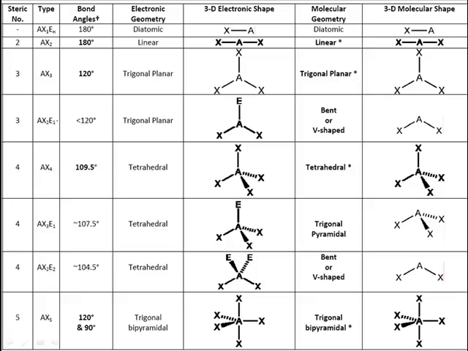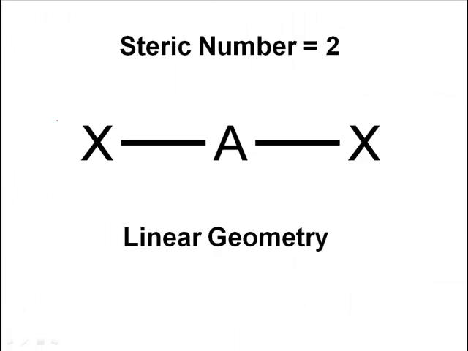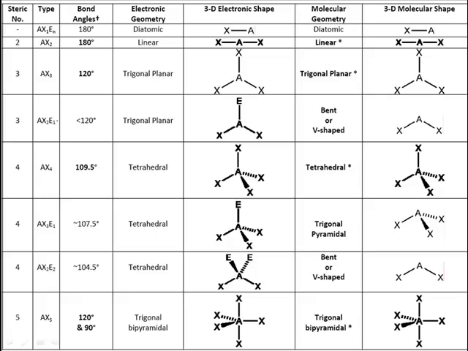Okay? Now, the cool thing is if you take off one of these and make it a lone pair and tilt this on its side, it makes what's called a seesaw. So the seesaw looks like this with the lone pair on the top. But that's going up to steric number 5. We can keep going with a couple other shapes. There is more advanced shapes, and I'll show you some of those in just a minute.